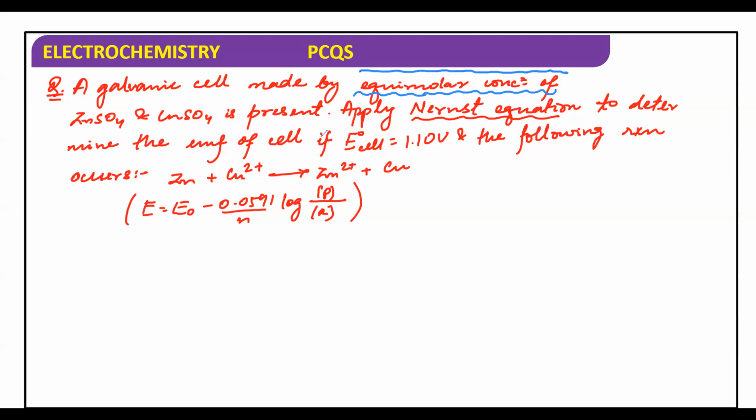Now, no matter what reaction is happening, if the stoichiometric coefficients are the same, then we can say that equimolar. After equimolar is said, they can have different coefficients also, and you have to solve it, and you will be able to solve it.